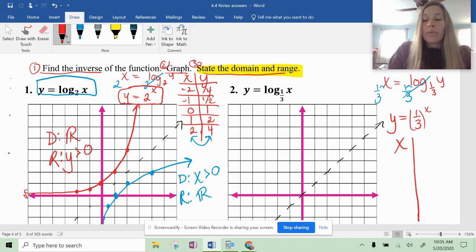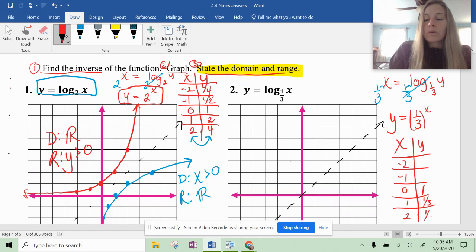So getting my table of values for that equation there. So anything raised to 0 is 1, 1/3 to 1 is 1/3, 1/9, and then we would have 3 and 9.